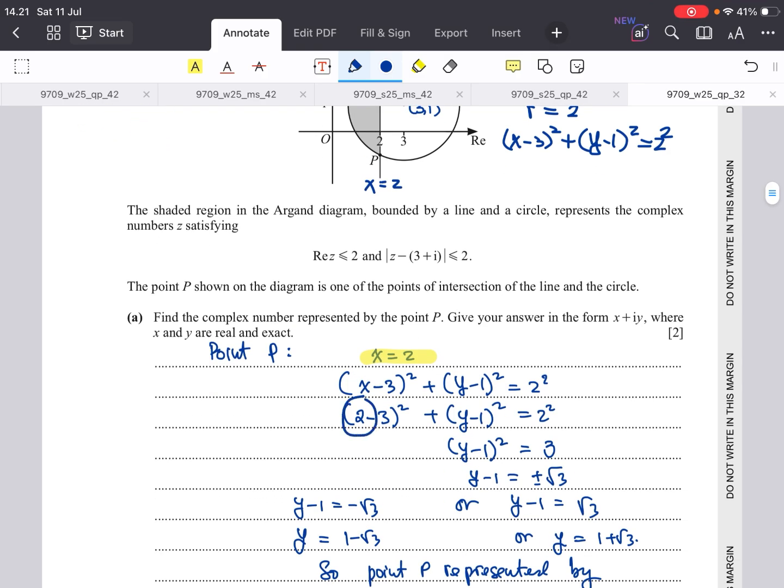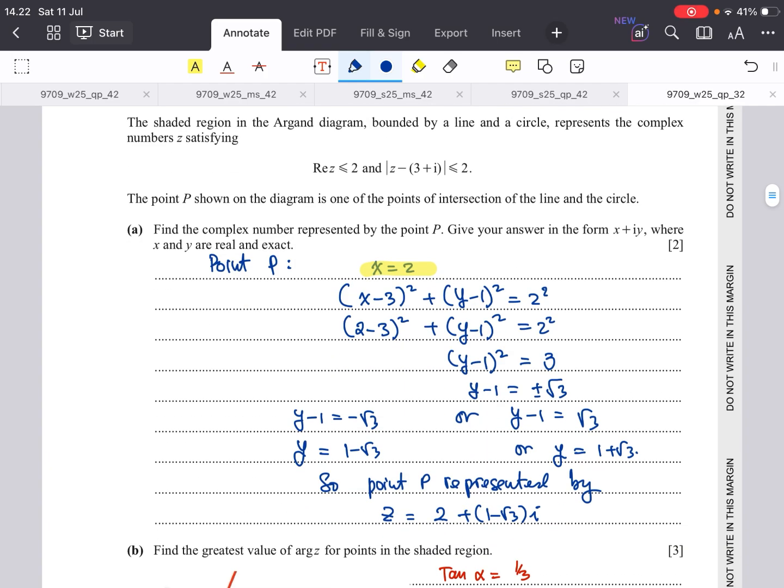Just replace the x with 2. So we get 1, and 3 is from 2 squared minus 1. So y minus 1 squared is equal to 3. y minus 1 is equal to plus or minus square root of 3.